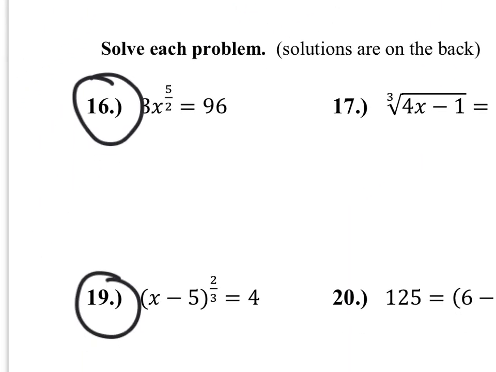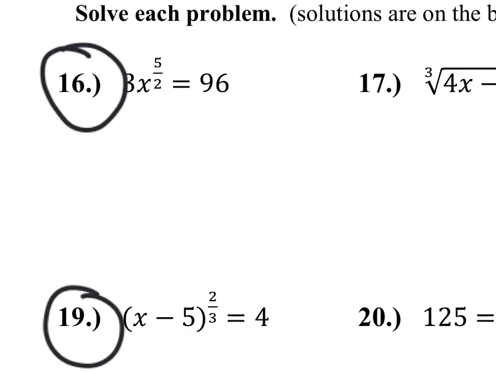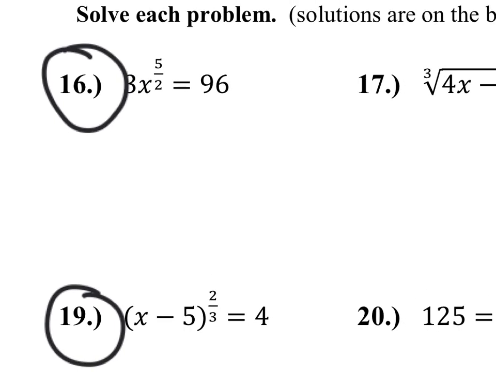Now let's look at a couple full problems. So we need to solve this, which means we need to get x by itself. So our first step is to get the x term by itself. So we need to get rid of that 3. So let's divide both sides by 3. And when we do that, we get x to the 5/2 on the left, and 96 divided by 3 is 32.